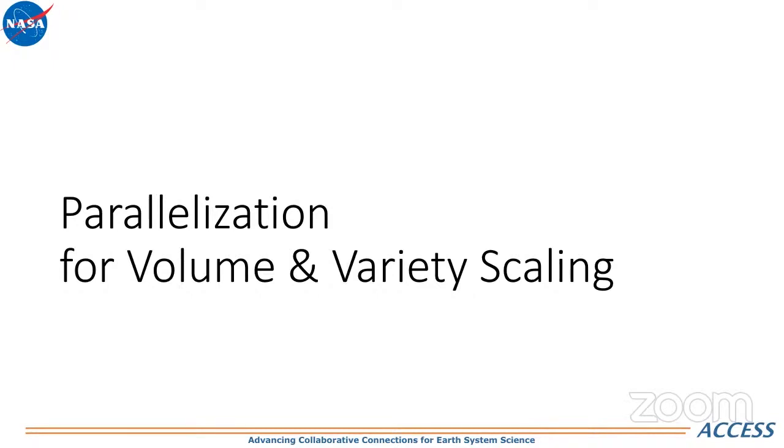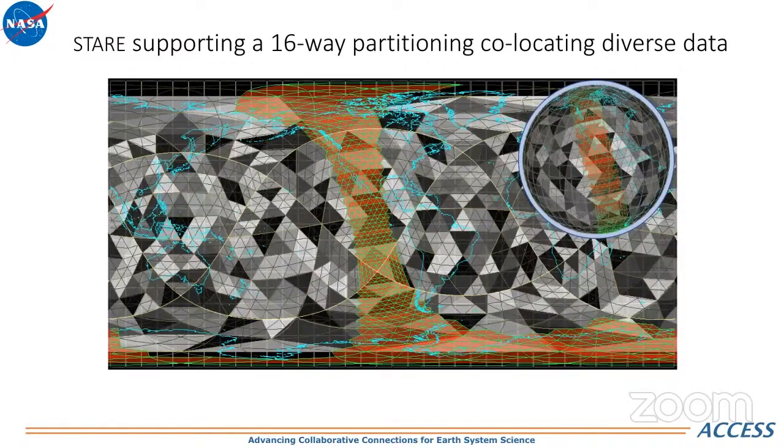Now, this comes back to the point I want to make about parallelization, because once you have your data indexed according to the STARE scheme, now we can talk about distributing this across compute and storage resources. And to give you an idea about that, here is a notional 16-way partitioning of a particular granule.